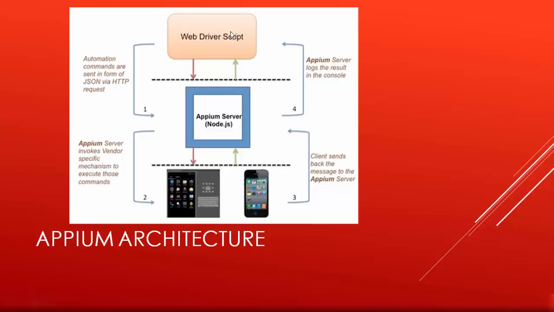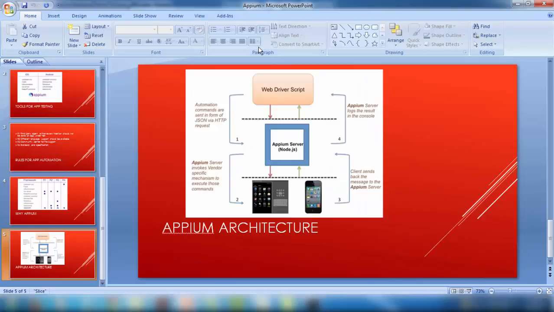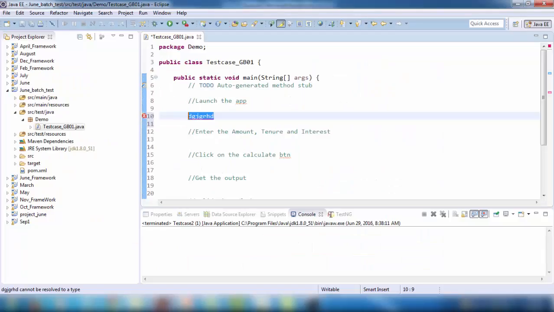We write the code, it sends the commands to the Appium server. From the Appium server, it goes to the mobile phone. The output from the apps again goes to the Appium server, and from the Appium server to your output in Eclipse. Let me come back to Eclipse.